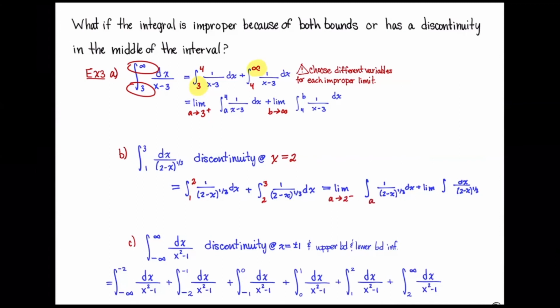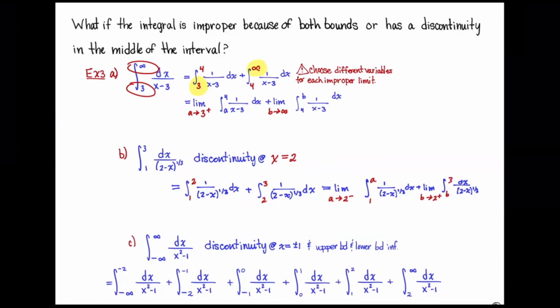Integral from 1 to a, plus the limit as b approaches 2 from the right, the integral from b to 3.